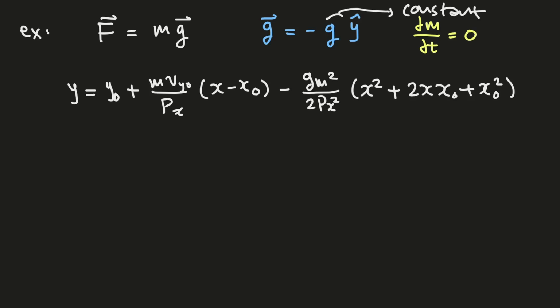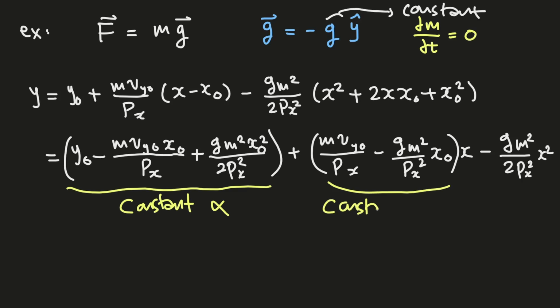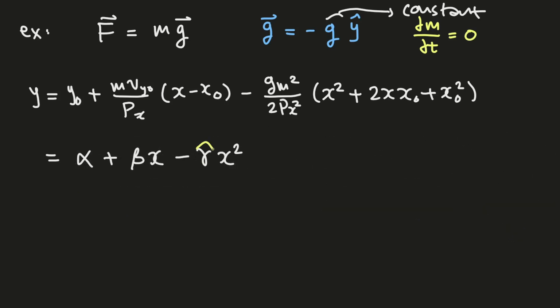Then we expand the quadratic term and collect each term in x, which leads us to this. Now I define the first term as constant alpha, the second term which has x as constant beta, and the last one with x squared as constant gamma. Notice that constant gamma is never negative, but the alpha and beta constants may be negative.